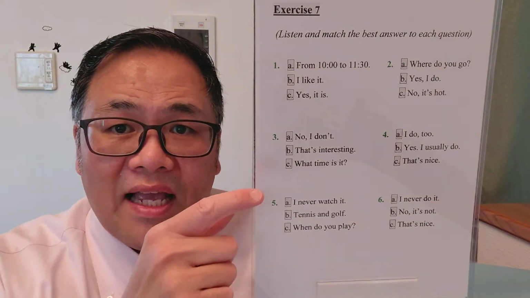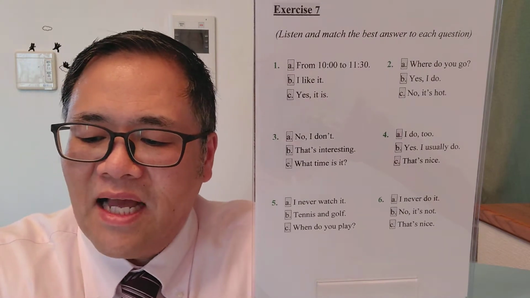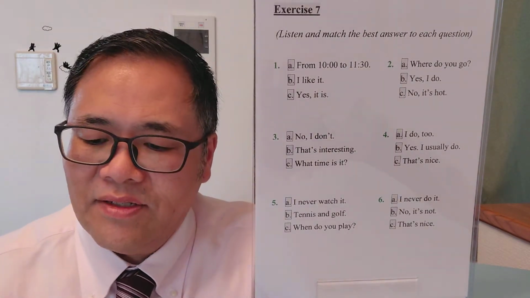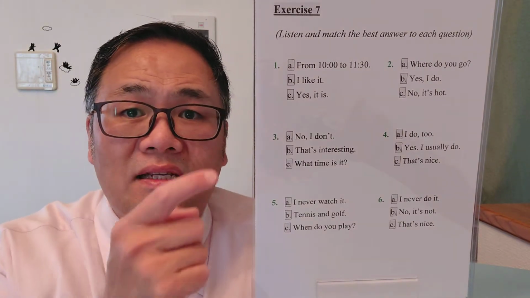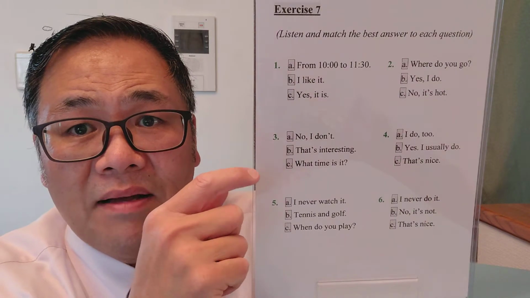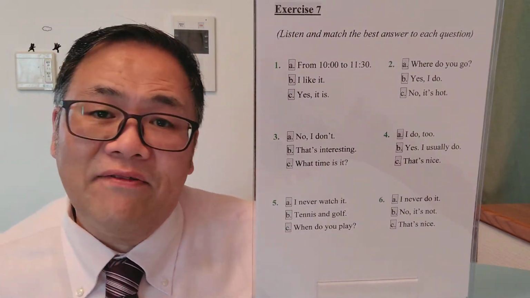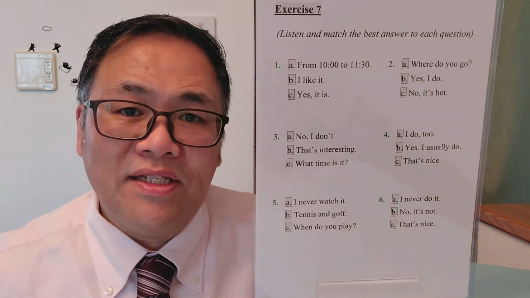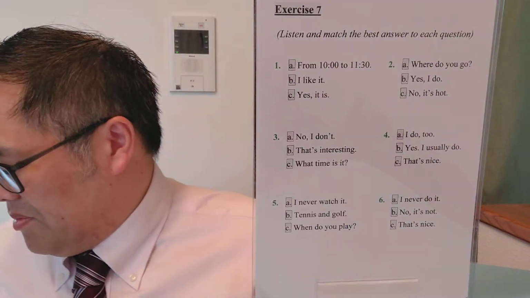I'm going to give you a listening exercise, as you can see on this chart here. Listen and match the answer to each question. I will read 6 questions, and as I read them, please choose the best answer, either A, B, or C. Let's start with the first one. Listen carefully.